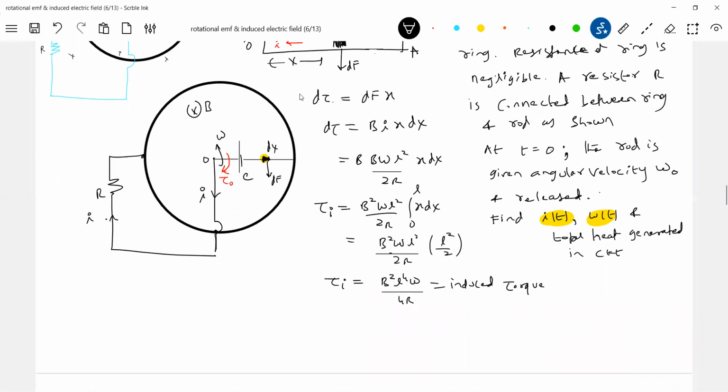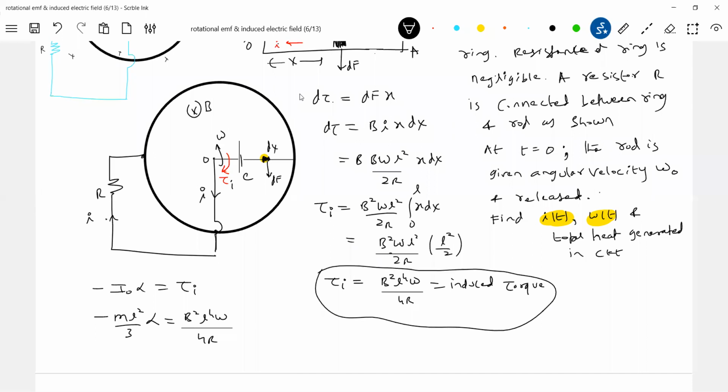How will this torque act opposite to angular velocity? So let me write tau I. So minus I alpha should be equal to tau I. So this is m L square by 3 alpha, equal to B square L to the power of 4 by 4R. Do remember, because every time you can't immediately begin and apply the rotational mechanics concept.